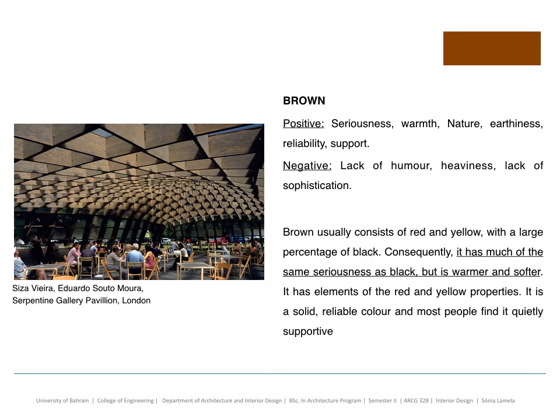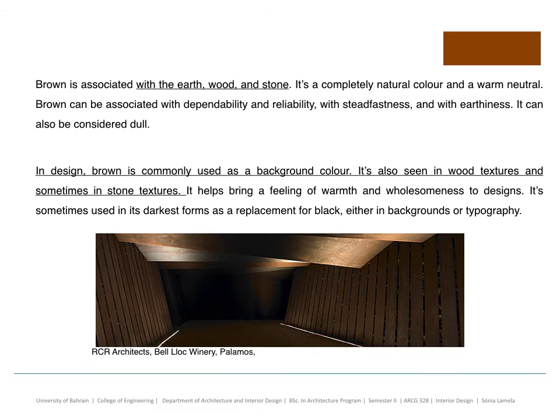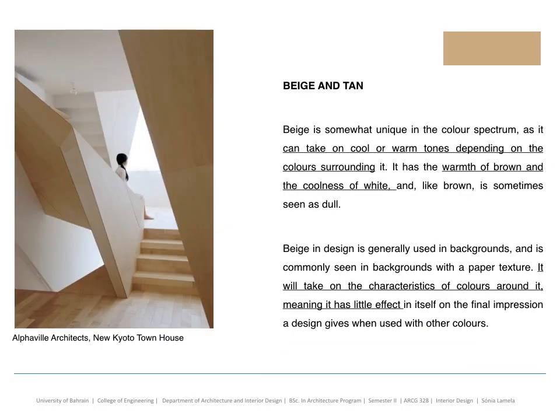So the brown is positive, it's related with nature. It can look warm and softer, and it's often associated with the earth, the wood, and the stone. It's used as a common background for many interior design projects. The beige and the tan, it's the same thing.